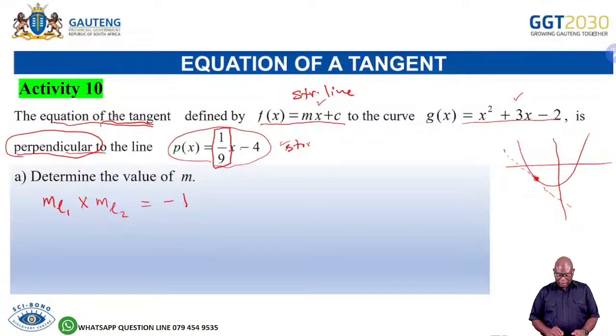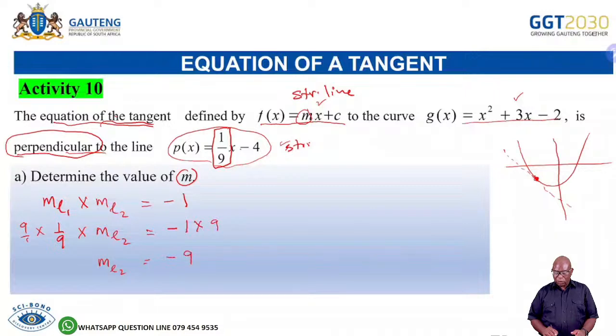So I can write 1/9 times the gradient of line 2 must give us -1. For me to get the gradient of line 2, which is the m here, I can multiply by 9 on both sides, so my gradient this side will be -9. Therefore, m is equal to -9.